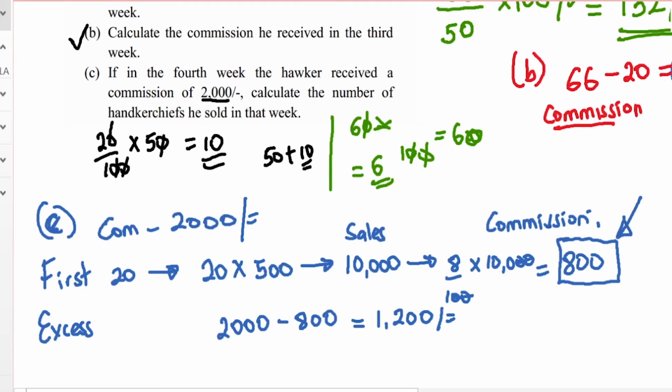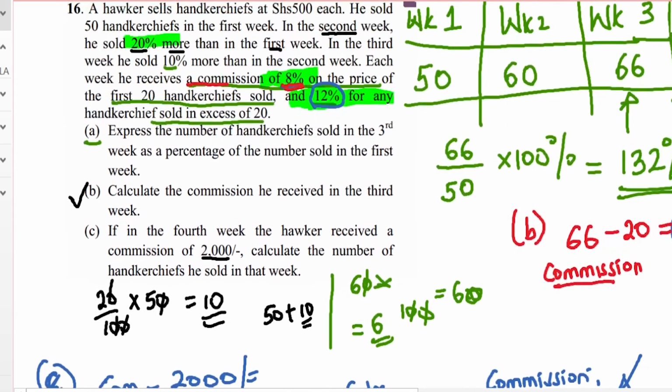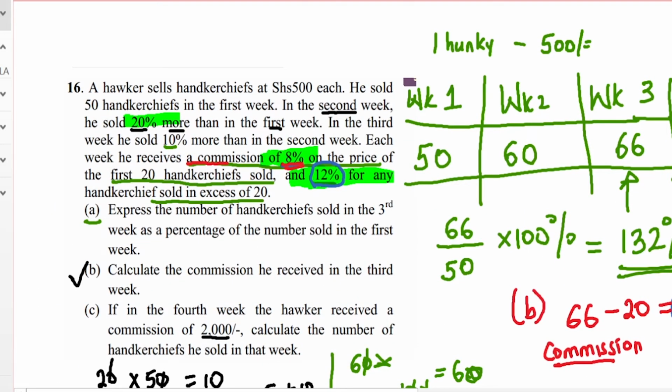So we subtract that 800 from the 2,000, which we've done here. So we have the remaining commission.